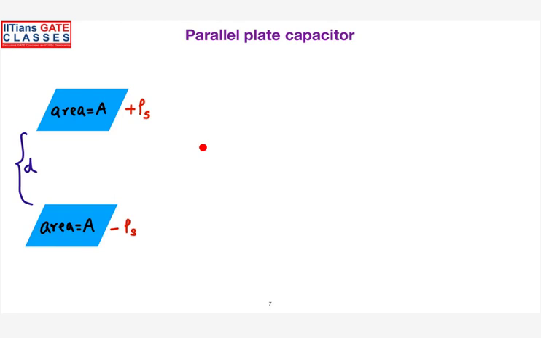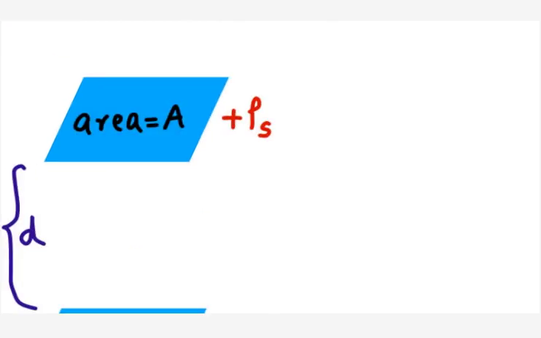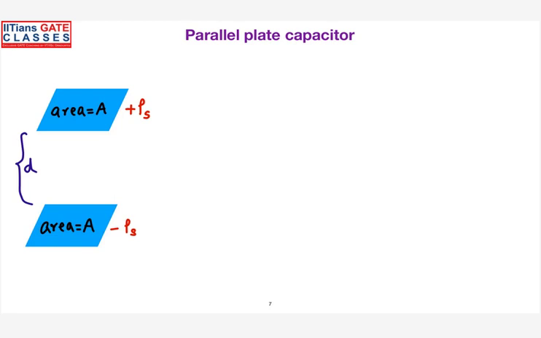So first we will see the parallel plate capacitor. In this case, I have assumed this is a positive charge, plus rho S, and this is a negative charge, minus rho S coulomb per meter square, the area remains the same, and the separation between the plates is d. I want to find the capacitance here.